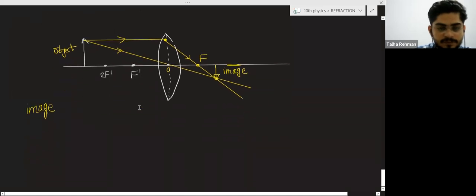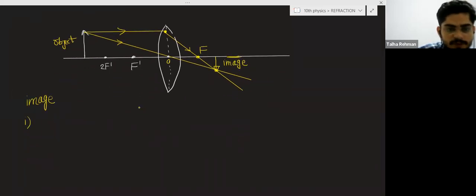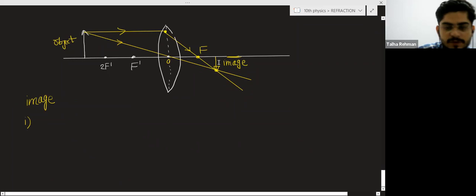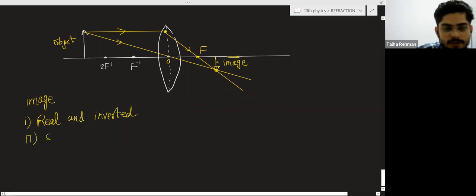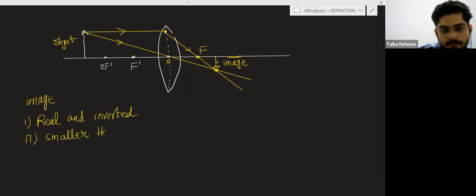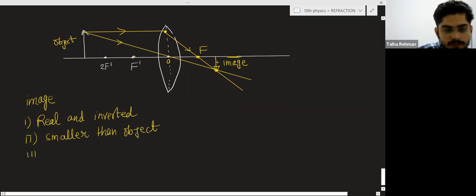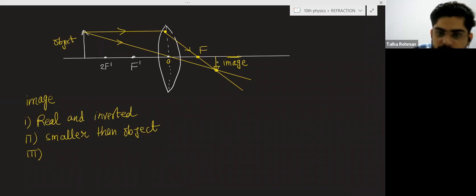So about the image, you can see here the image will be real and inverted. Second, about the size, it is smaller than the object. Third, this image will be in between f and 2f.